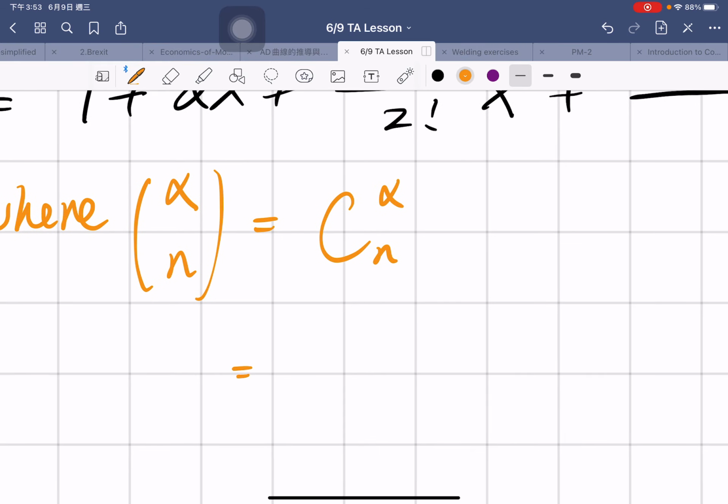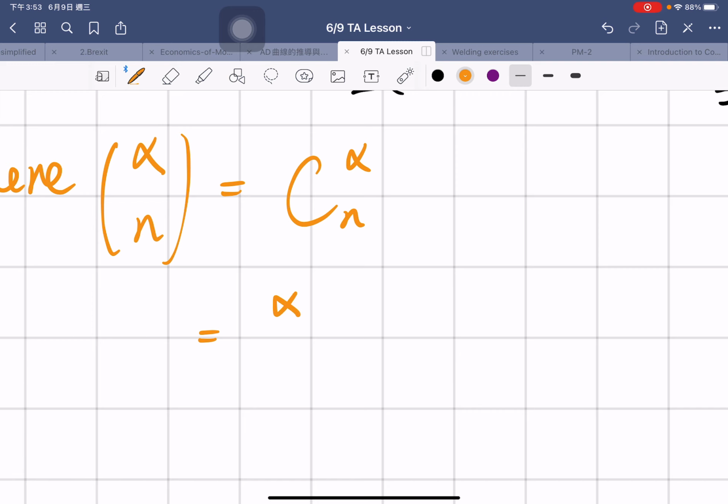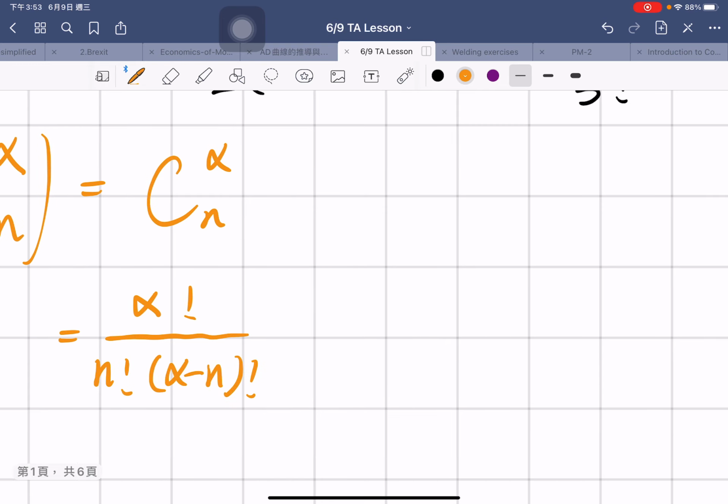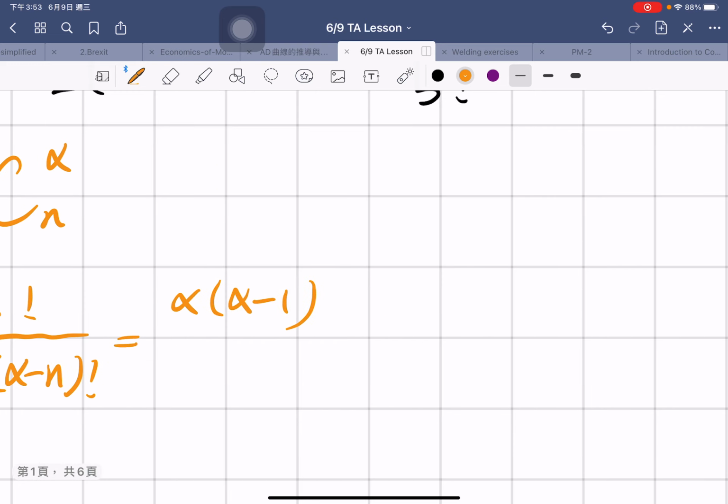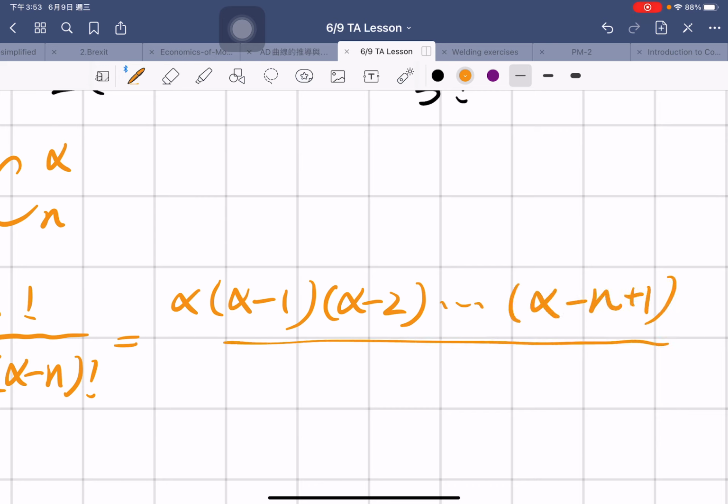So it turns out to be alpha factorial divided by n factorial times (alpha minus n) factorial. So it turns out to be alpha times (alpha minus 1) times (alpha minus 2), all the way to (alpha minus n plus 1), divided by n factorial.